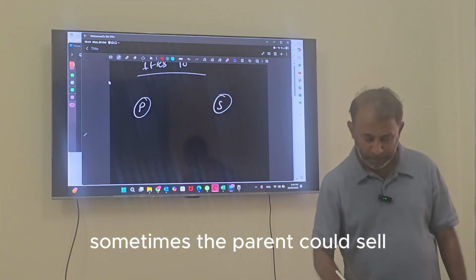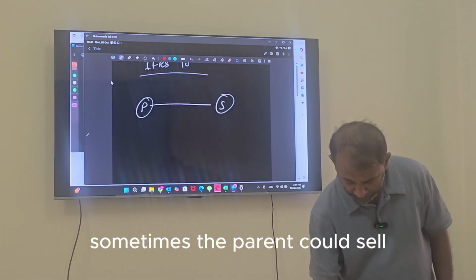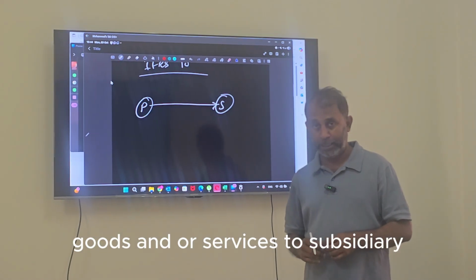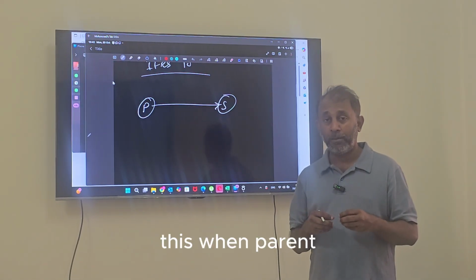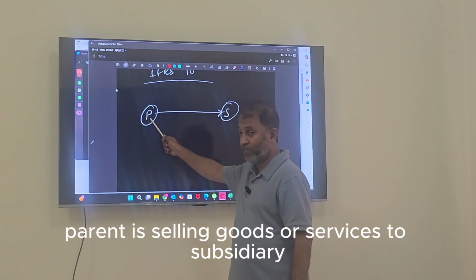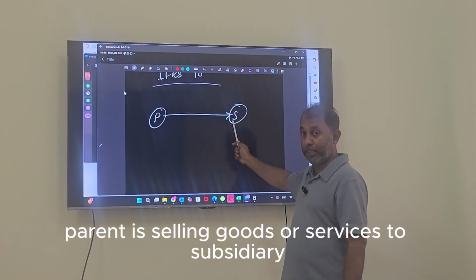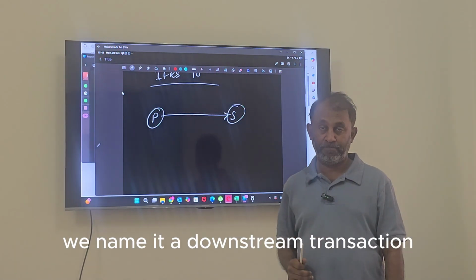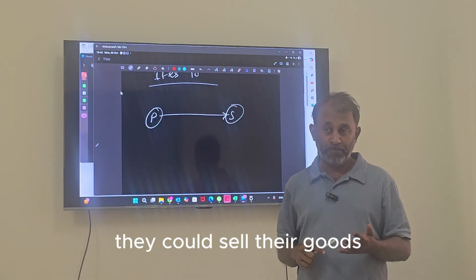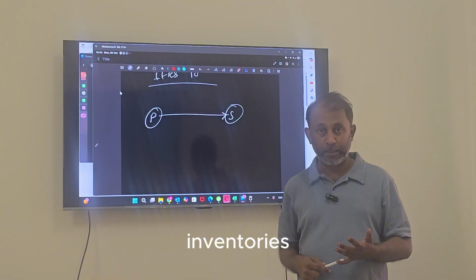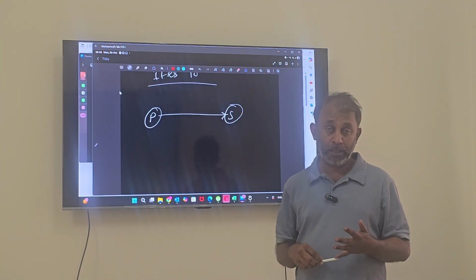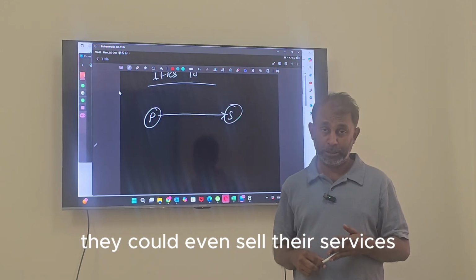Sometimes the parent could sell goods and/or services to the subsidiary. When the parent is selling goods or services to the subsidiary, we name it a downstream transaction. They could sell their goods, inventories, or sometimes their properties. They could even sell their services.